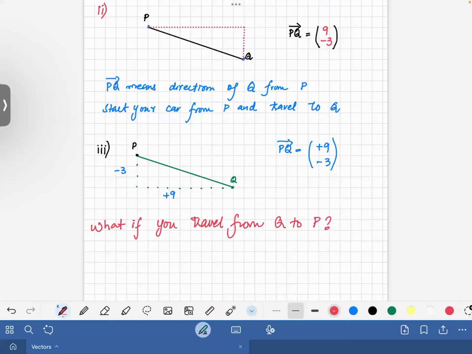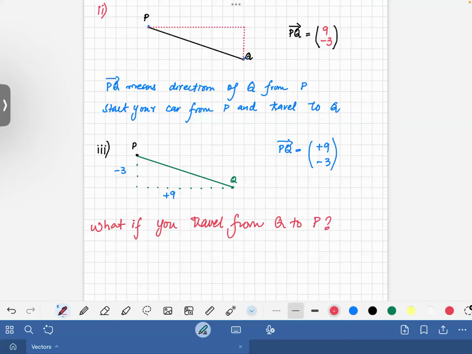Now subtract x from x and y from y. So it will be 4 minus -5 and 6 minus 6. That means 4 plus 5 is 9 and 6 minus 6 is 0. So that is what your final answer is. Understood everybody or not? Agree?